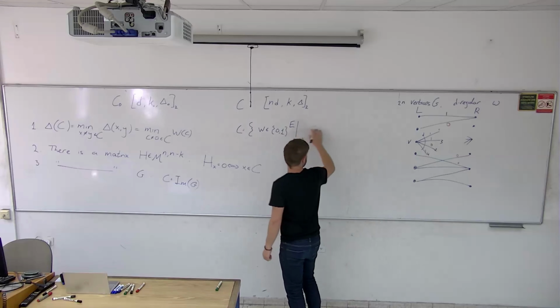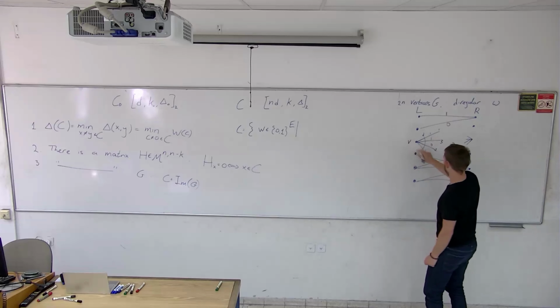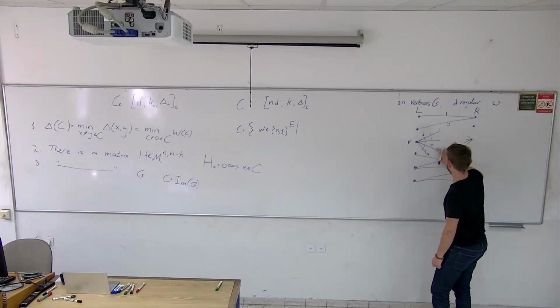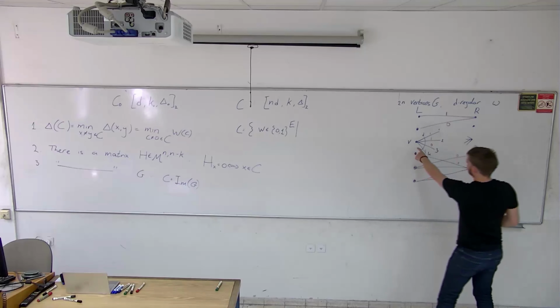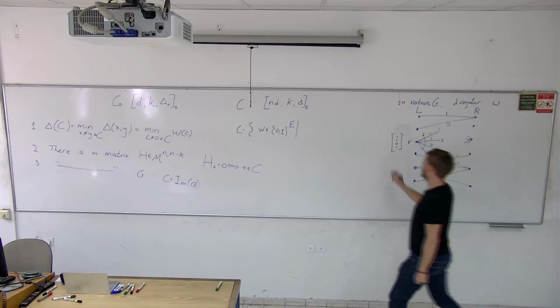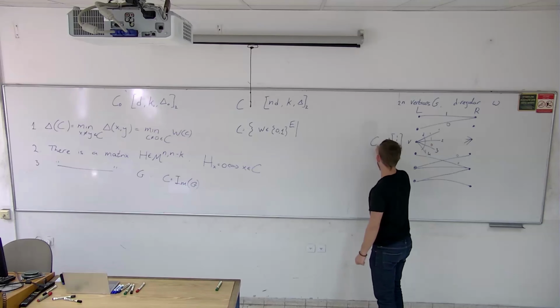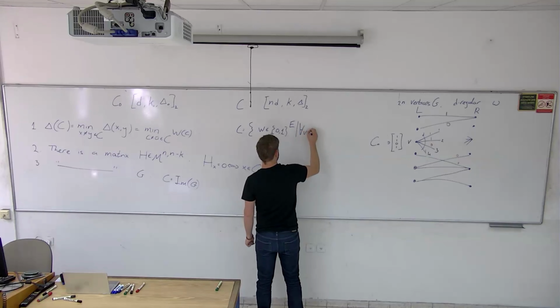And my constraint is that each vertex, say V, sees the vector 1, 1, 0, 1, and I want it to be in C0. Let's set it for every V.